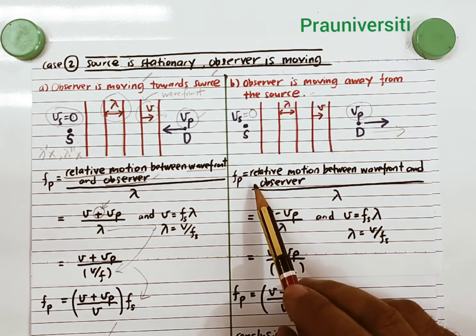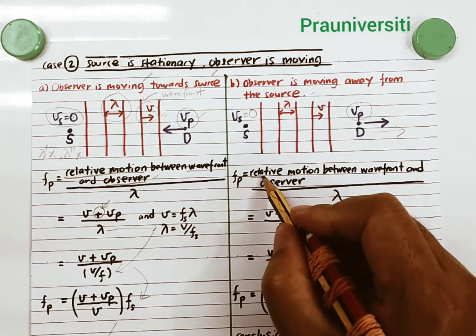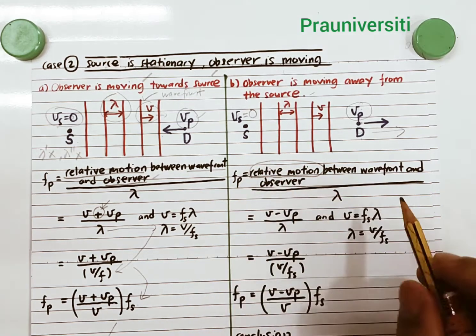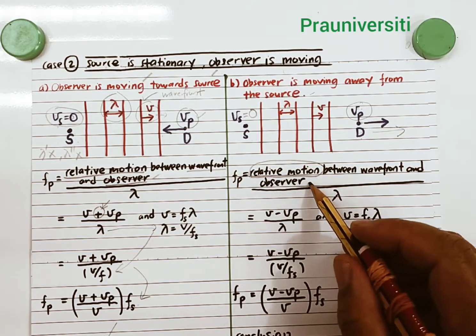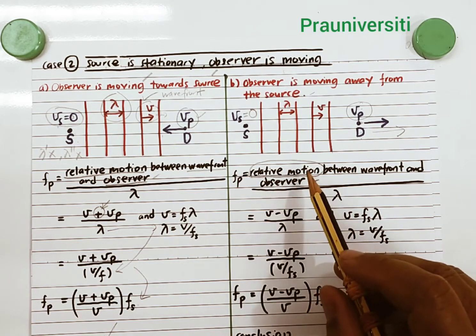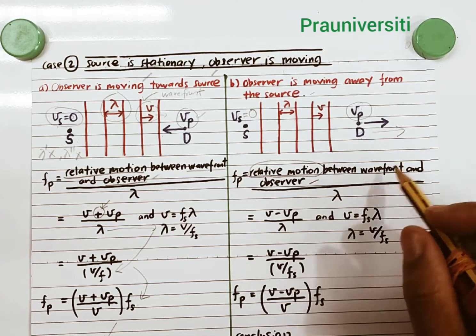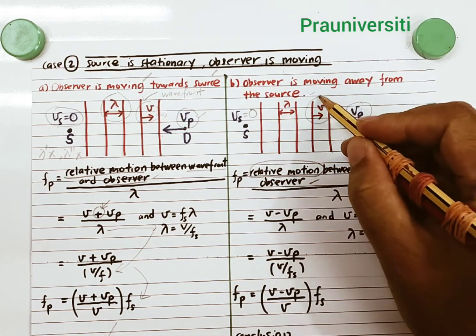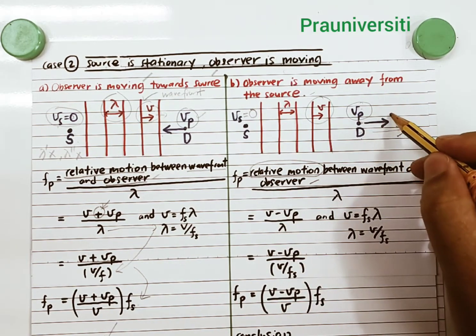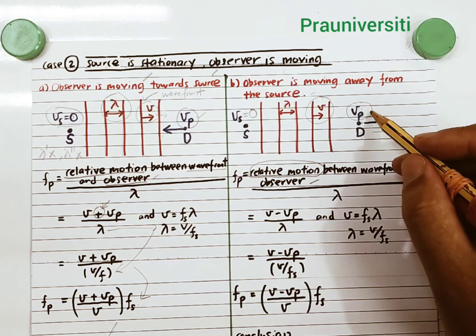So we continue. Fp is a relative motion, the relative motion between the wavefront and the observer. Okay, so we need to understand the relative motion in this case, between the wavefront and the Vp, the speed of the observer.